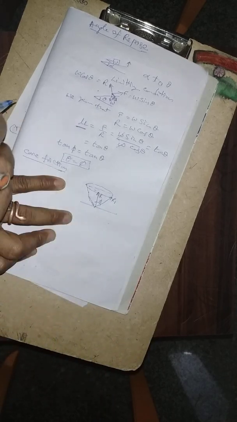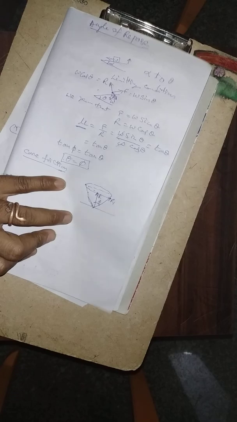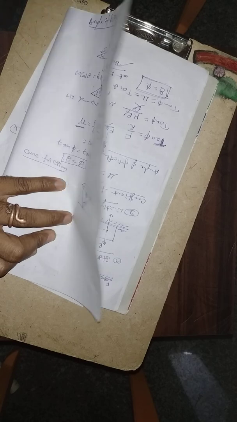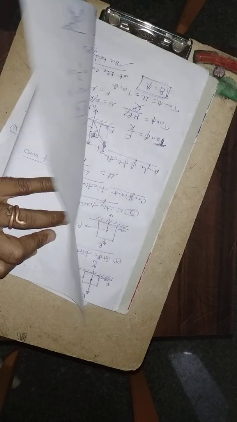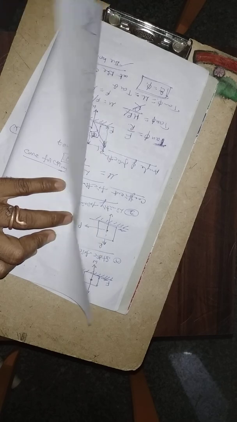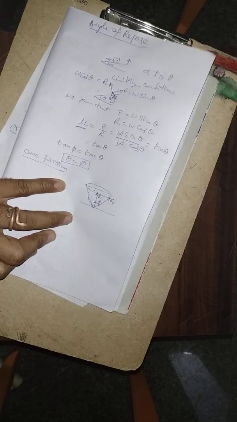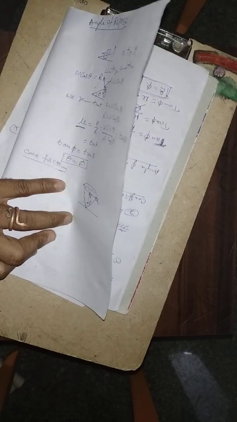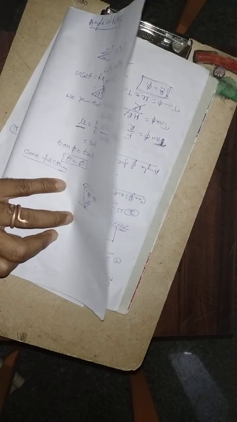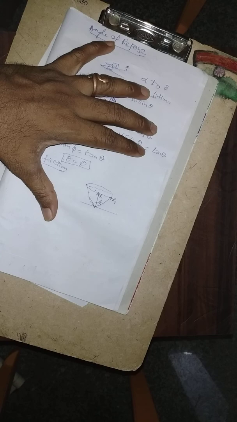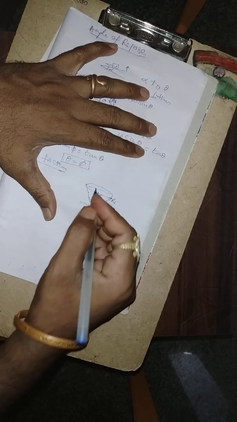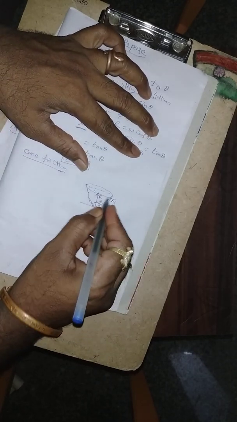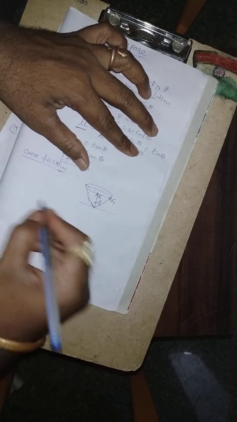This means that this cone, generated by rotating the resultant reaction about the normal reaction, is called the cone of friction.